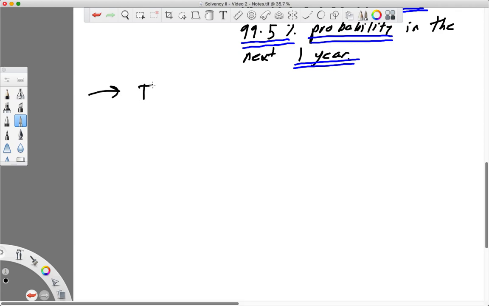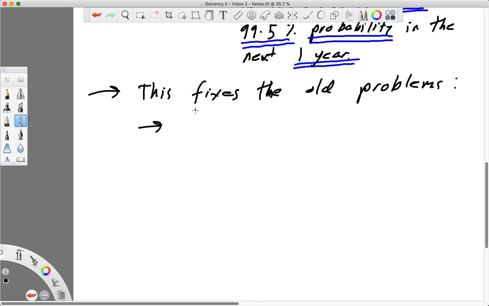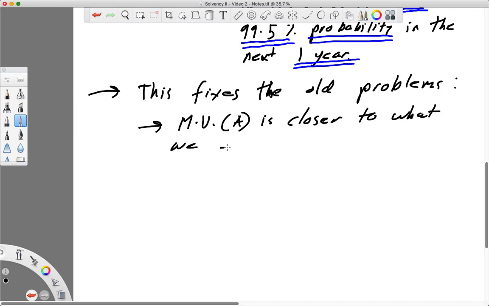Okay, so this fixes the old problems. Market value of assets is closer to what we expect on sale of assets.